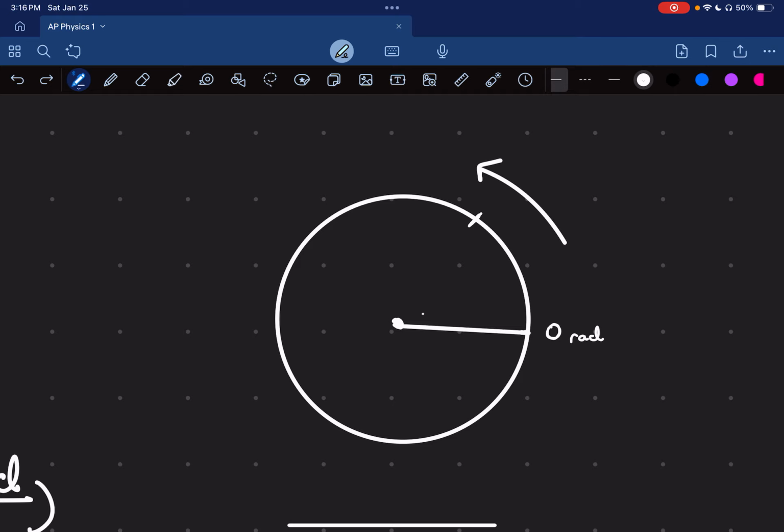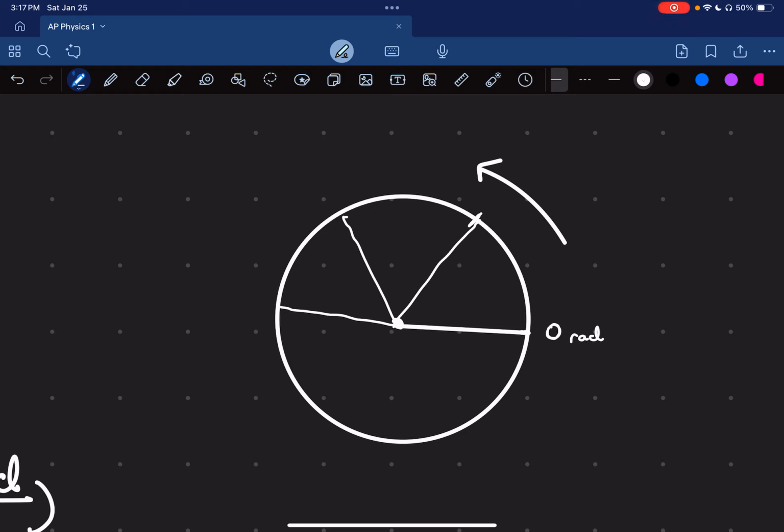What a radian is, you take the radius and you stretch it over the surface of that circle. So this is one radius length. The angle it's making is 1 radian. And if you do that, 2, 3 is a little bit less than 180 degrees.